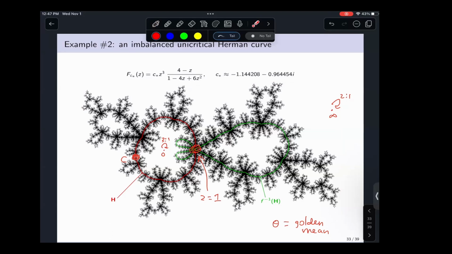And of course, I also have a similar result where, instead of 3 and 2, I get to pick these numbers to be anything. If these numbers are the same though, then I get a Blaschke product, and the corresponding Herman curve will be trivial. It will be a unit circle. And out of curiosity, I drew the corresponding parameter space, and this is the picture.